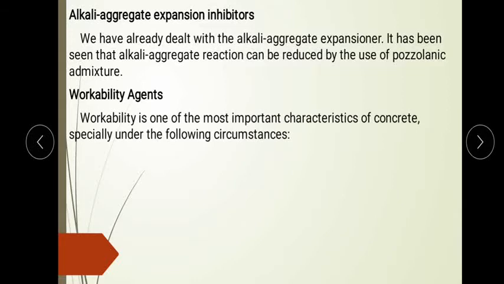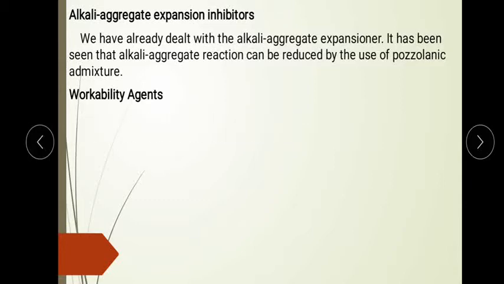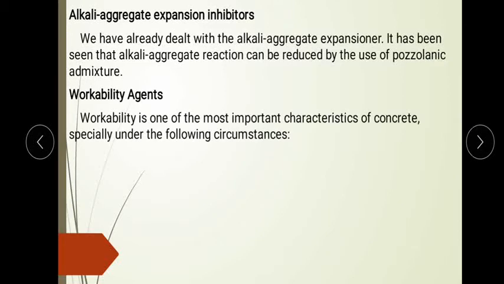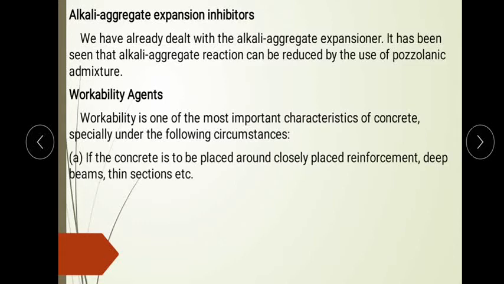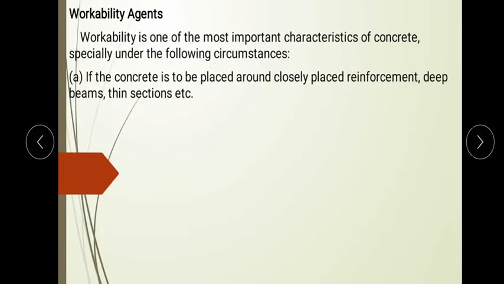Workability agents. To improve the workability, we have to use certain admixtures, like we previously discussed: plasticizers, super plasticizers or accelerators, to improve the flowability and workability of the concrete.